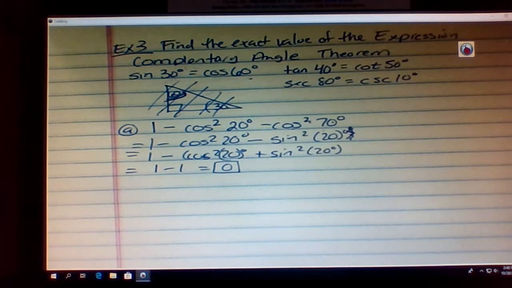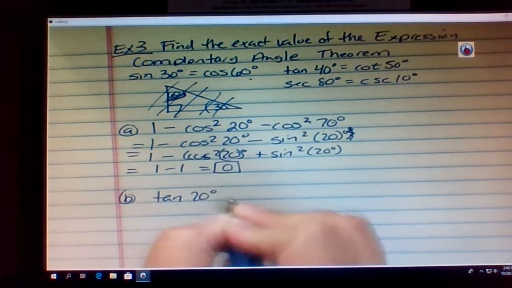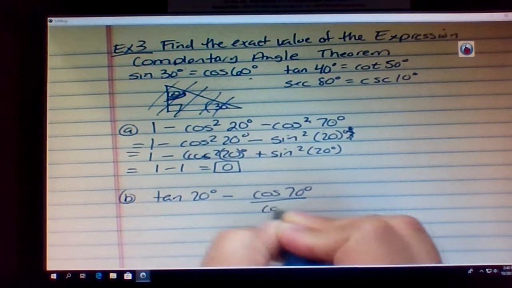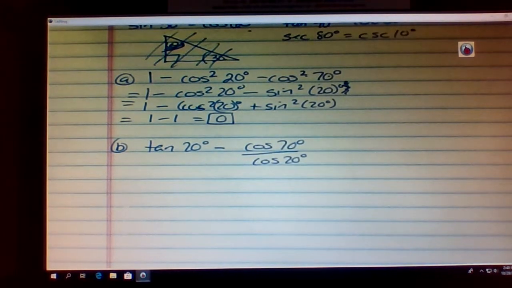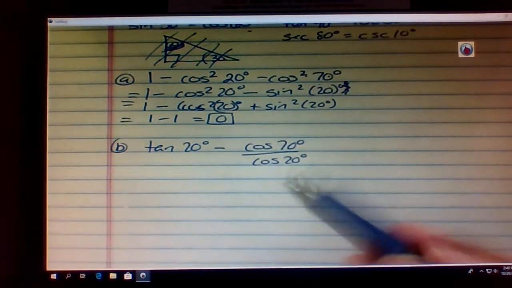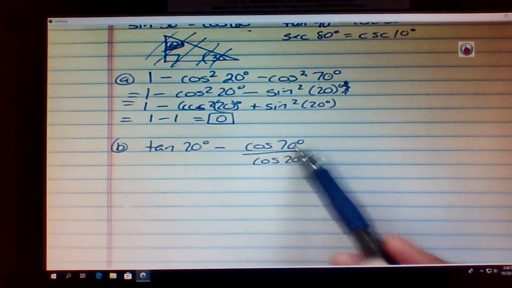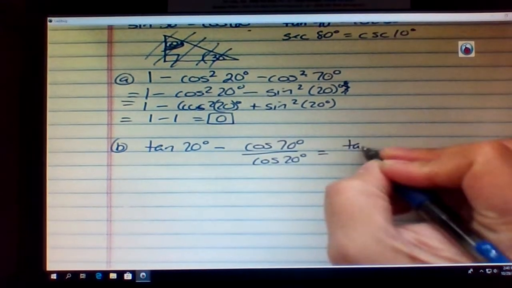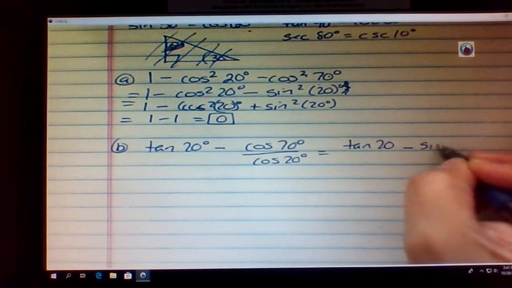Now for B: tangent of 20 degrees minus cosine of 70 degrees over cosine of 20 degrees. Which degree do they use twice? The 20. So is there any way I could change the 70 to a 20? I change this to sine of 20, since 90 minus 70 is 20.